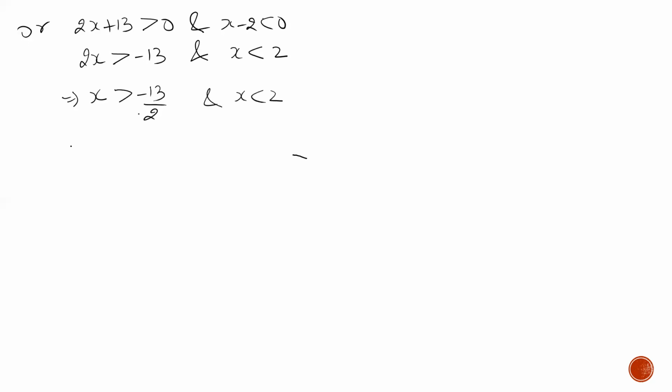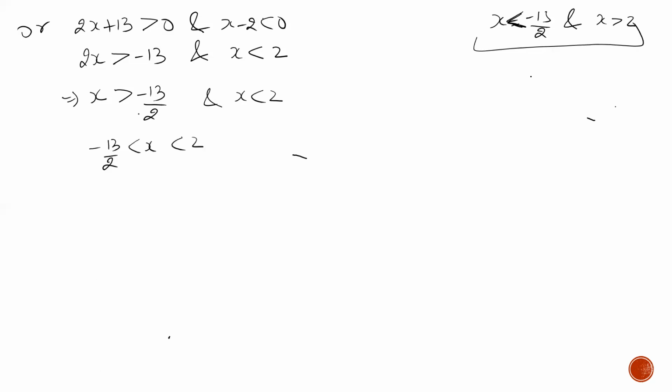So in the previous part, your answer was x less than -13/2 and x greater than 2. And here the solution is -13/2 < x < 2. Now this portion is not possible, but this is possible, right?